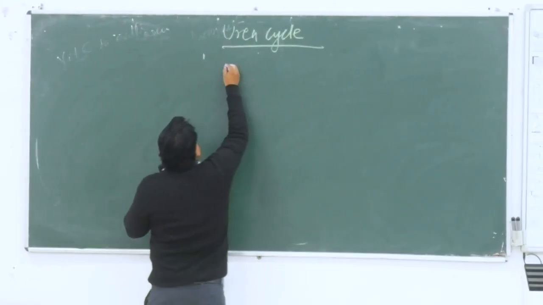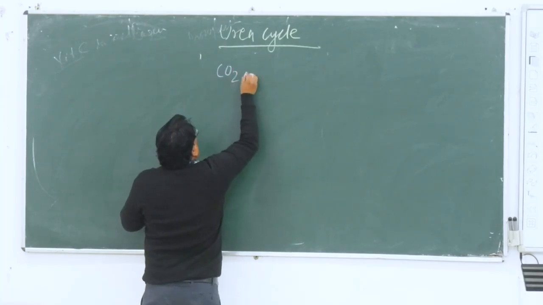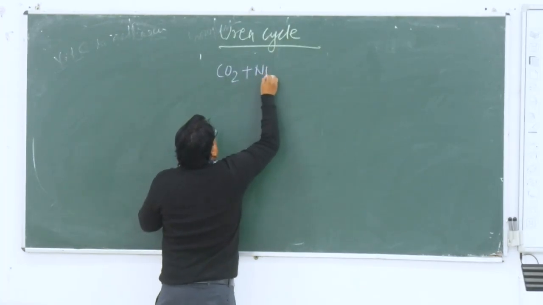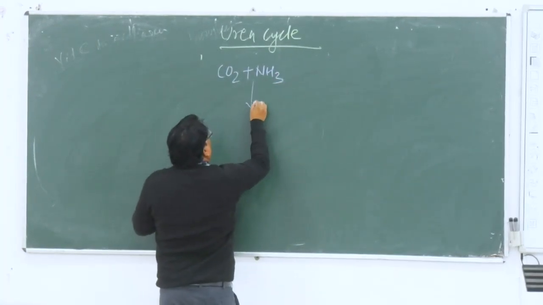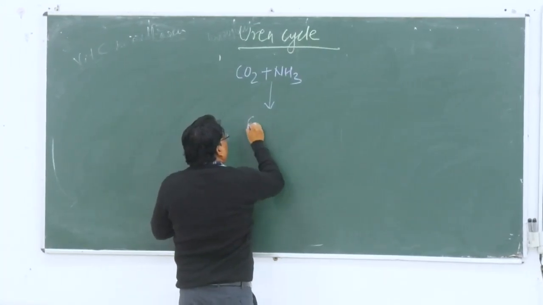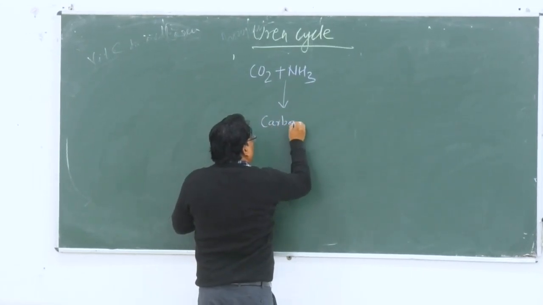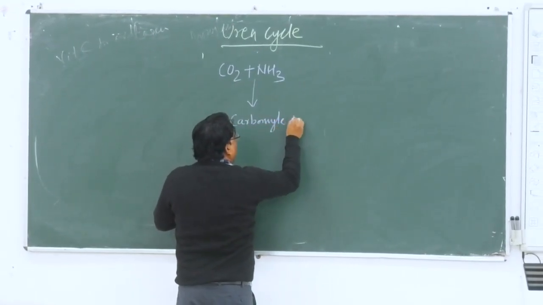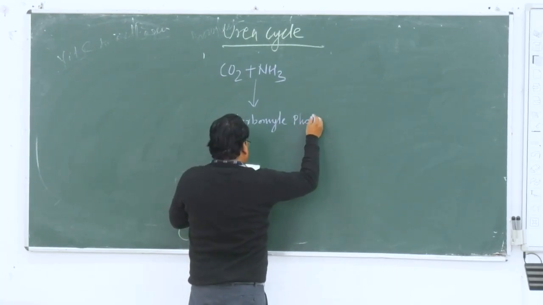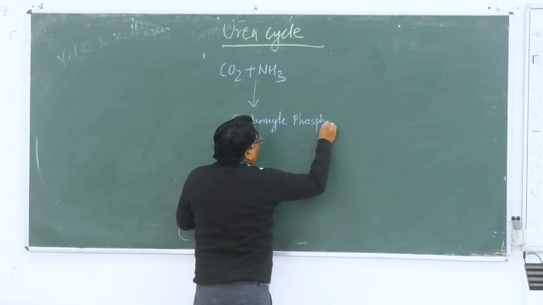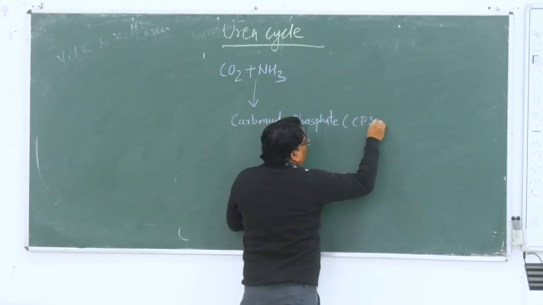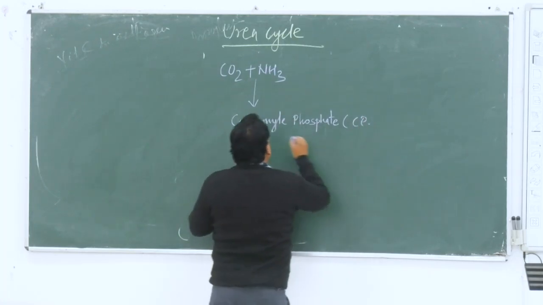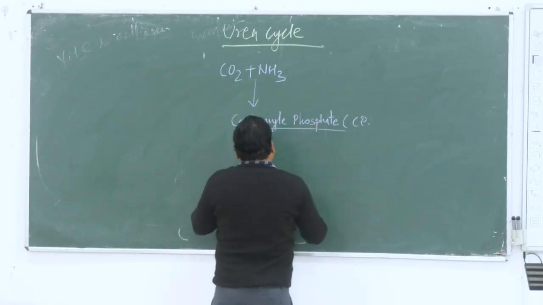Now the first step is CO2 plus NH3 forming here carbamyl phosphate, we also write this as CPS, carbamyl phosphate.